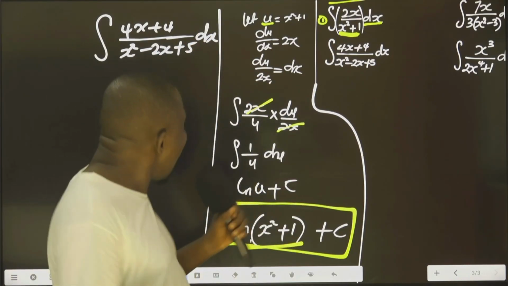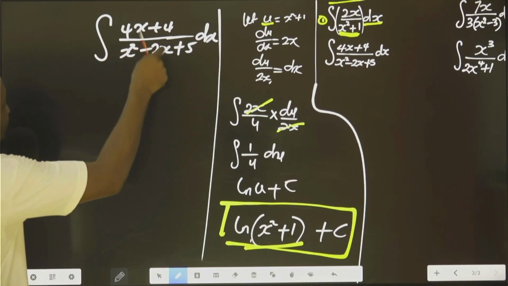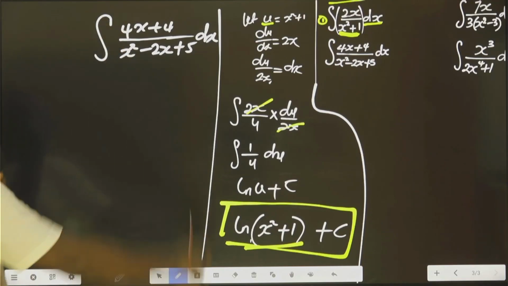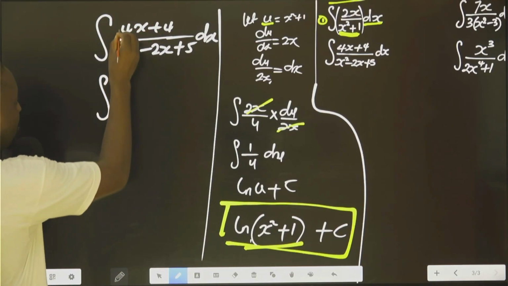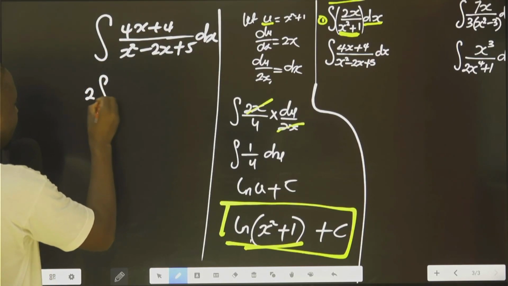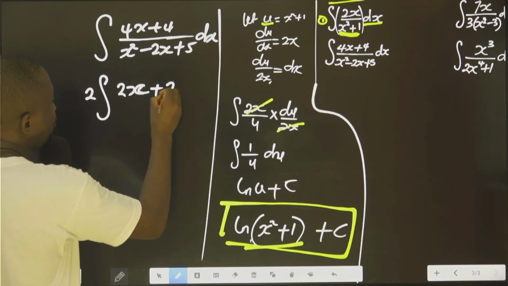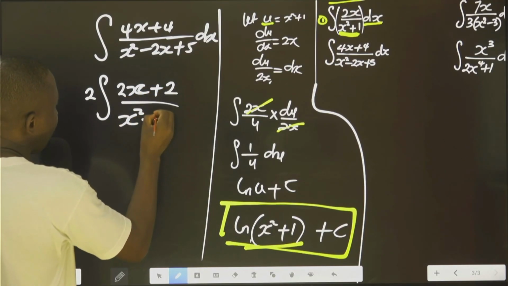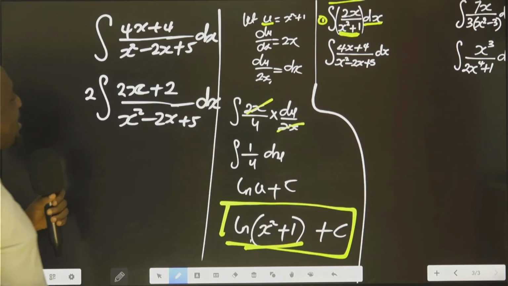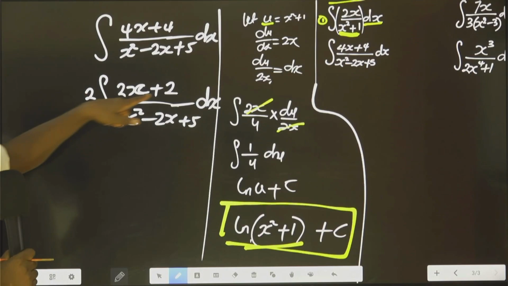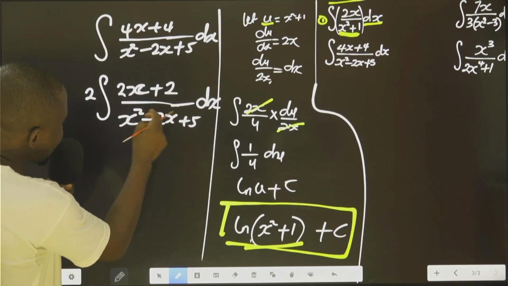Now, you will agree with me that if I differentiate the denominator, I'm going to have the numerator. How? Because what is common here, I can bring out 2, to remain 2 times the integral of 2x plus 2 over x squared minus 2x plus 5 dx.